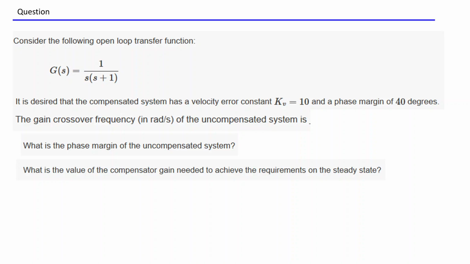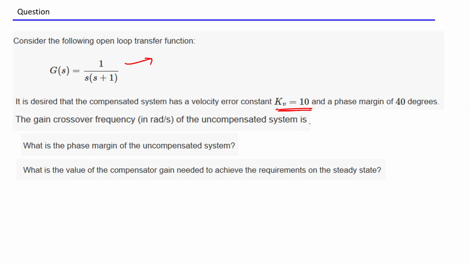Okay, let's do this question. Read the question. This is the open loop transfer function 1 divided by s into s plus 1, right? It is desired that the compensated system has a velocity error constant Kv equal to 10. Any gain is not given to you.